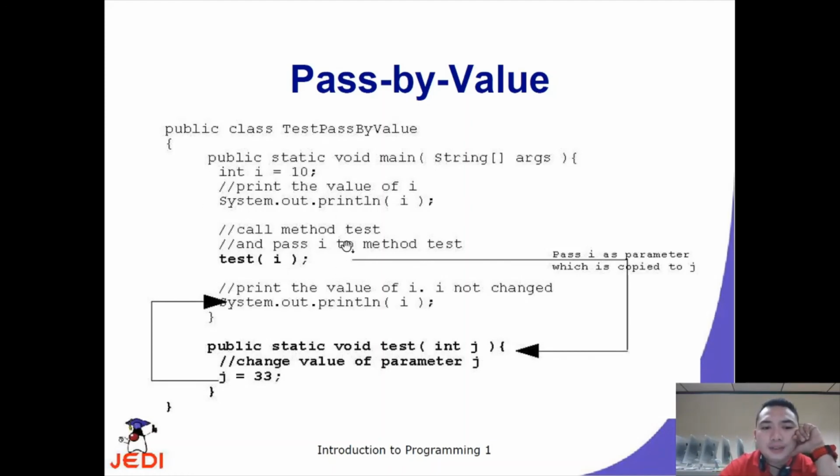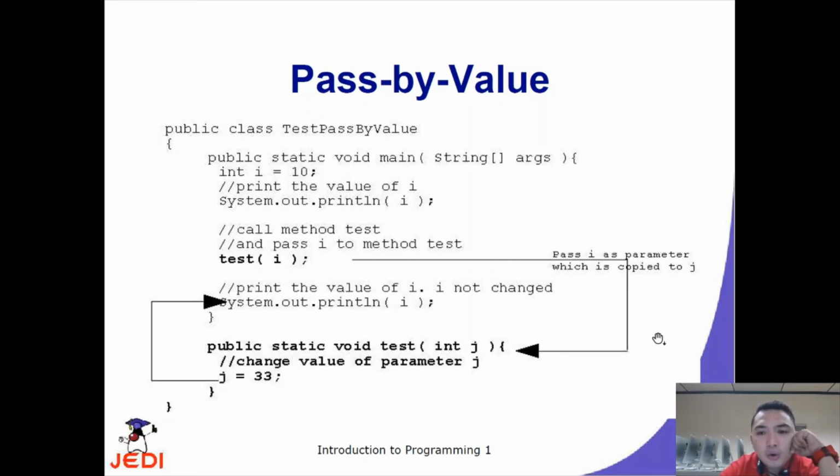So the value of I is 10, and then we print the value of I. When we print that, it will display 10, and then we will call the method test here. The value of I will be copied here, where I represents 10, and then it will call the method.